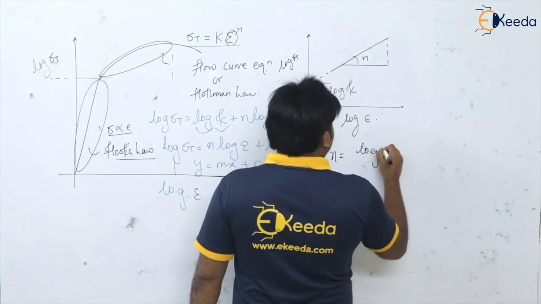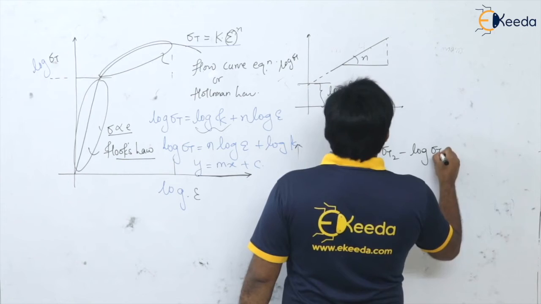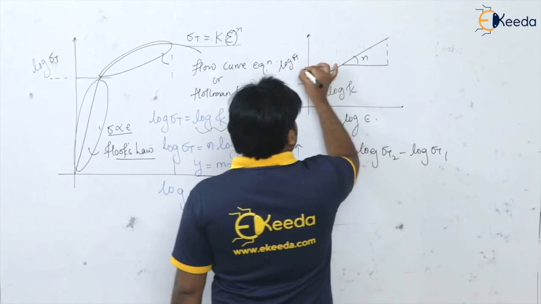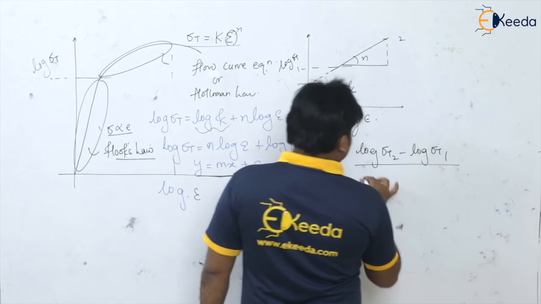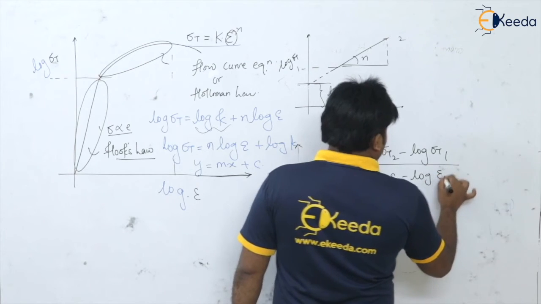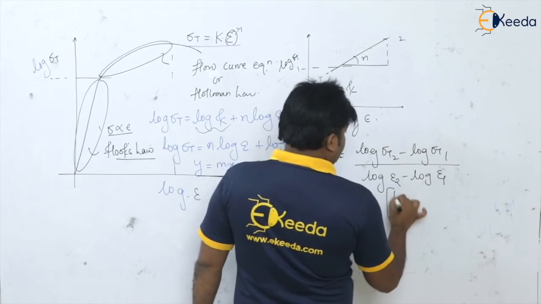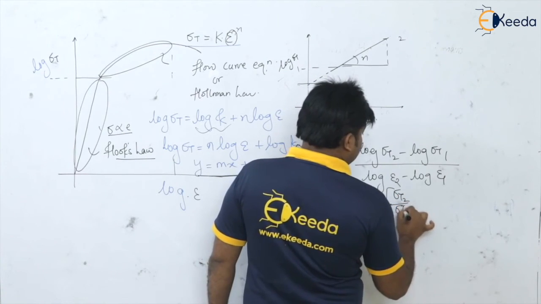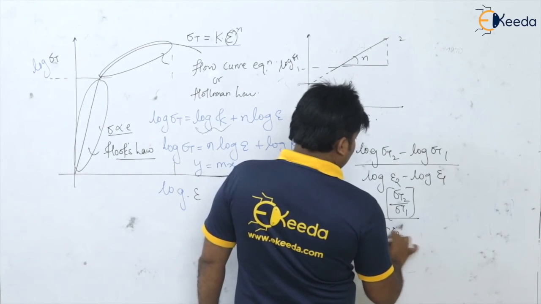So here definitely we can write that n is equal to log of sigma t2 minus log of sigma t1, say at this point 1 and this point 2, divided by log of epsilon 2 minus log of epsilon 1, which is equal to log of sigma t2 by sigma t1 divided by log of epsilon 2 by epsilon 1.